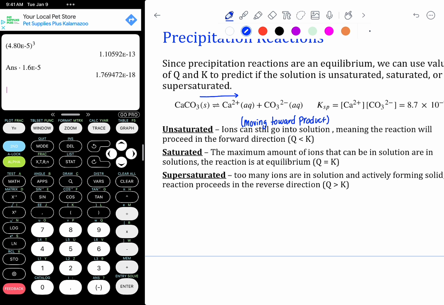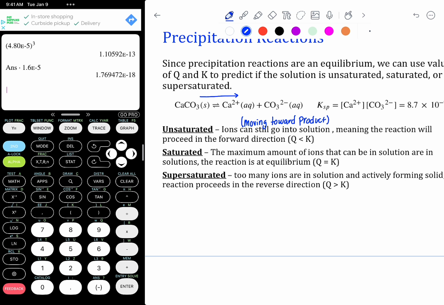If we have a saturated solution, this is the maximum amount of ions that can be in solution at any given time. When we have a saturated solution, we consider our reaction to be at equilibrium. So when we say that it's the maximum amount of ions that can be in solution, we're at equilibrium, meaning that if I have ions going out of solution, that means a solid has to go into solution.